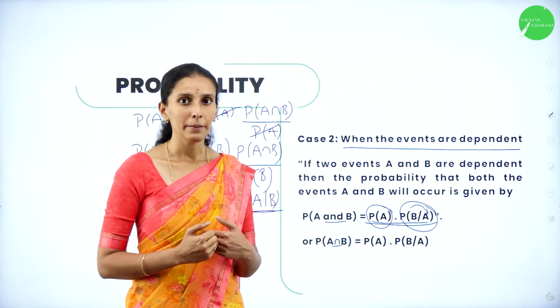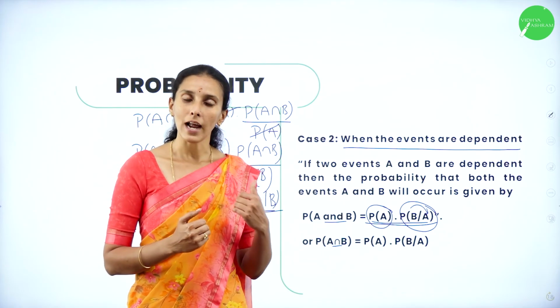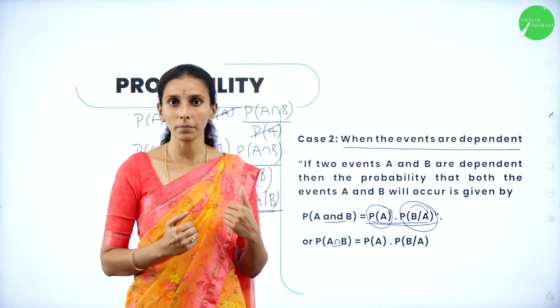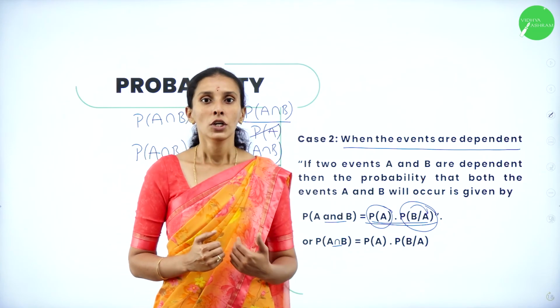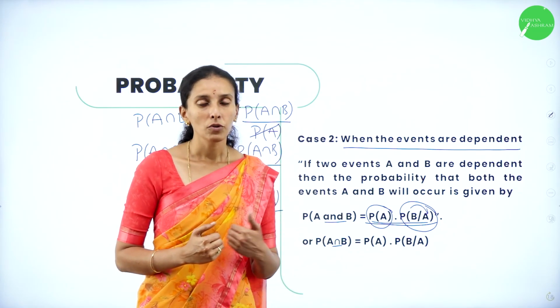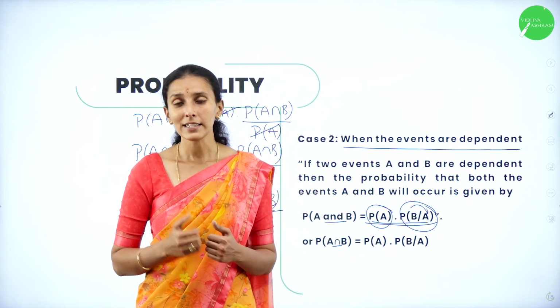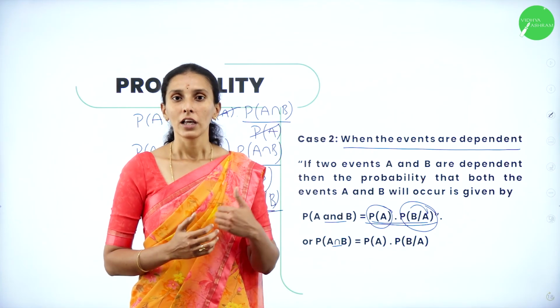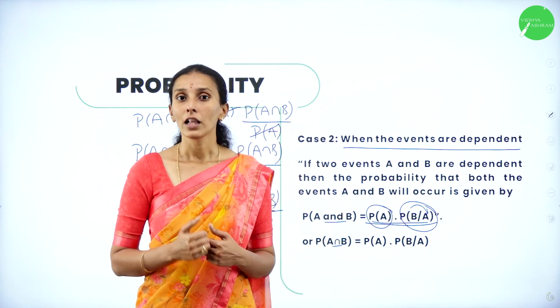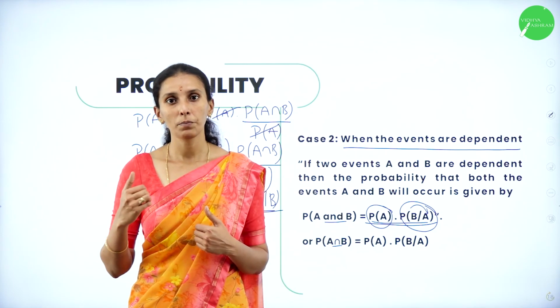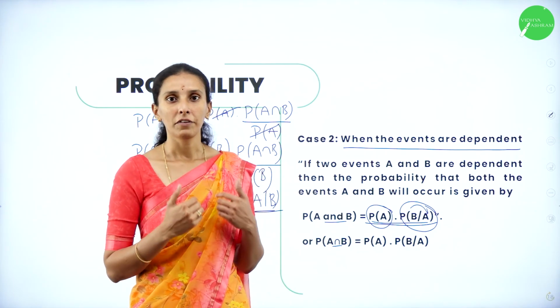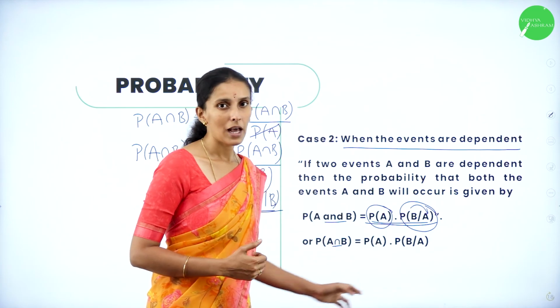That is for independent events. And what does the addition theorem say? That is for mutually exclusive events. If they are mutually exclusive, then their probability is the sum of their probabilities. If they are independent events, then the probability of them is just the product of their probabilities. If it is dependent, then the formula is like this.